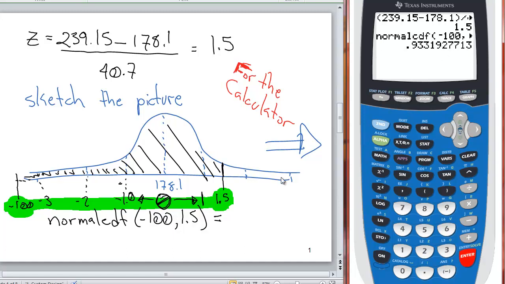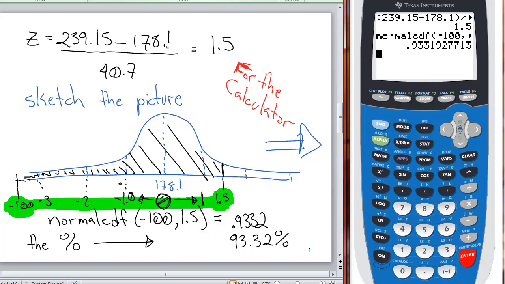And hit enter, depending upon whether your stat wizard is on or not. And so the area then underneath the curve is 0.9332 to 4 decimal places. Okay, and so if that's the probability, then the percentage is just convert that number to a percent, and that's 93.32%.